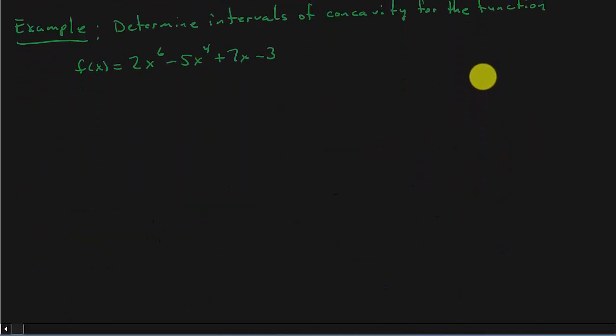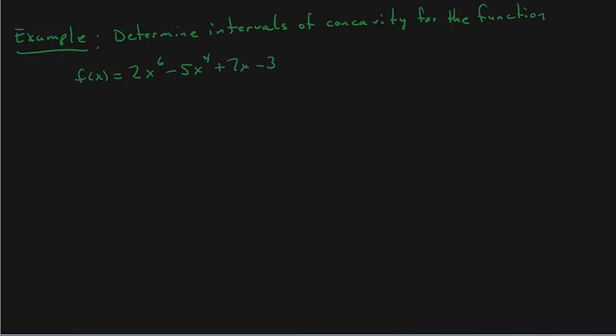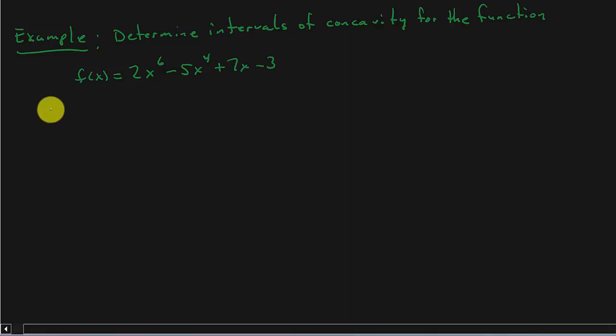Let's get started with some examples. Determine intervals of concavity for the function. What we want to do here is find the second derivative. We have f prime of x is 12x to the fifth minus 20x to the fourth plus 7.